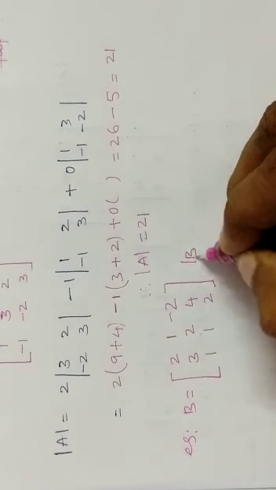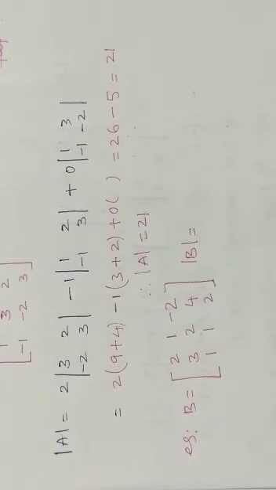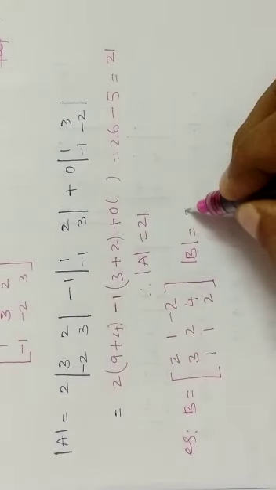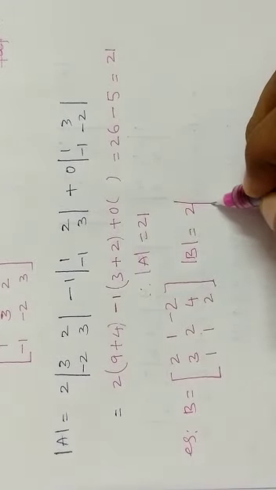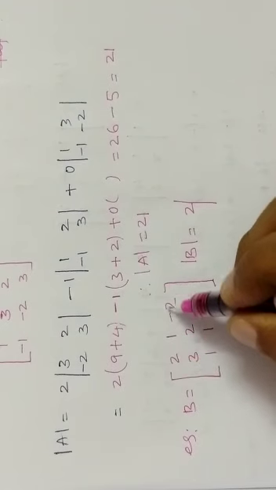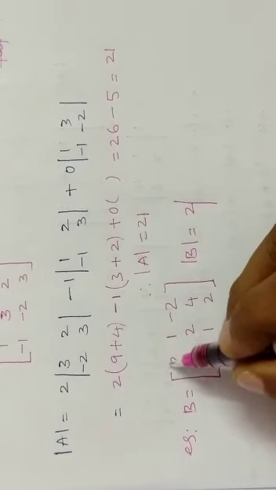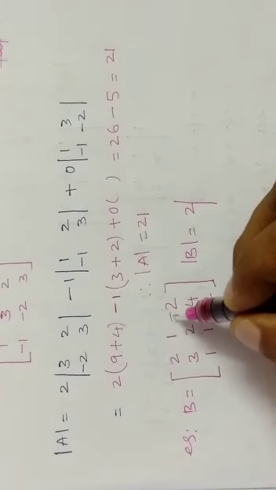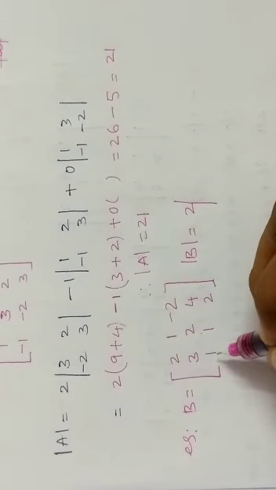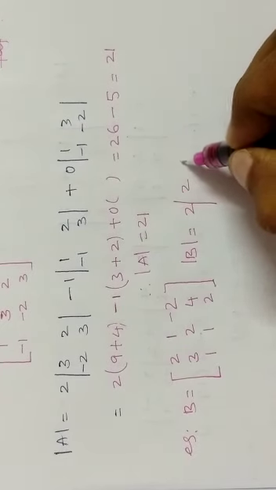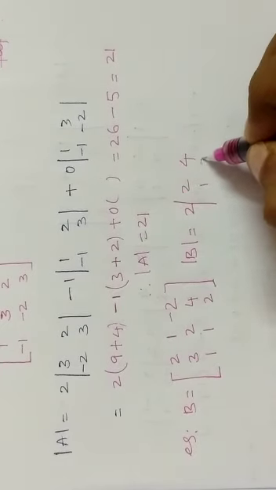Det B equal to 2 into, remove this row and column. Remove this element 2 presented in the row and the column. 2 4, 1 2.